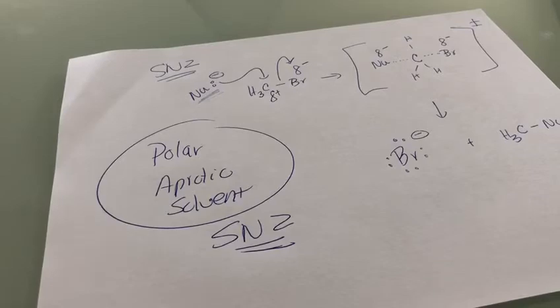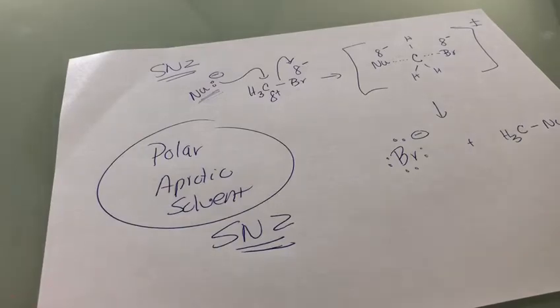And by doing so, the nucleophile is free to do its job, to do that backside attack to the carbon with a partial positive charge. And when you use polar aprotic solvents, the rate of the SN2 reactions will be higher than using a polar protic solvent.